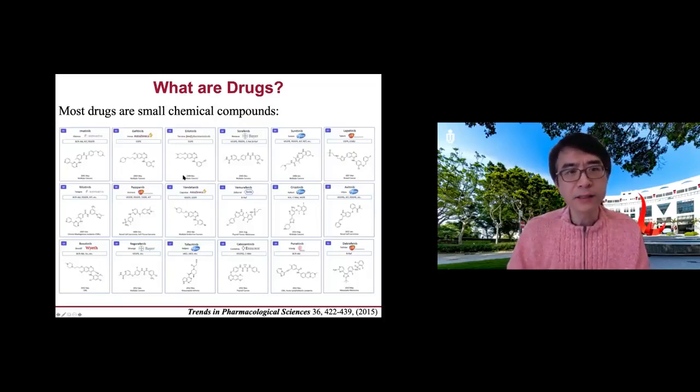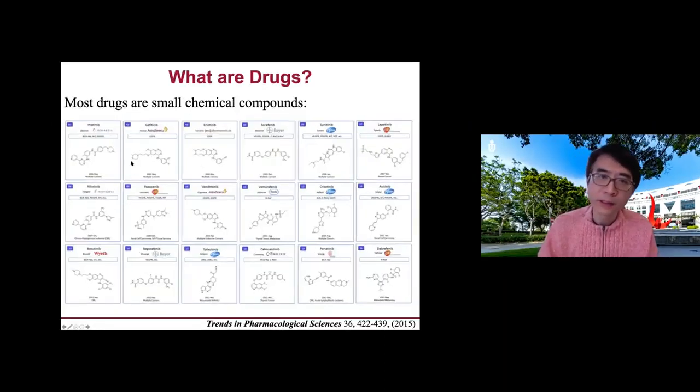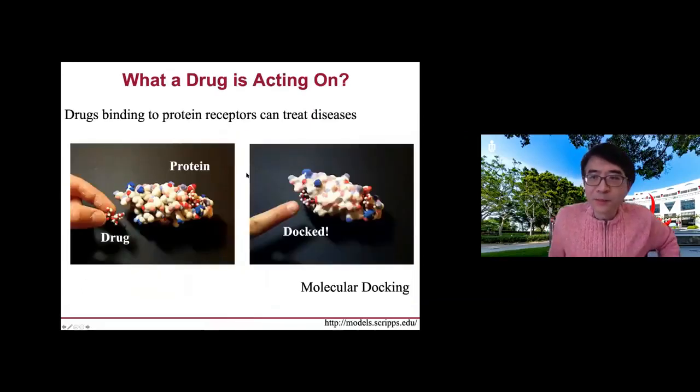Now, how is this tiny chemical compound able to act to treat the disease, right? What is the action mechanism of the drugs? The action mechanism underlying small molecular compound drugs is actually very simple. This is more like playing with Legos. I think most of you have played with Legos before.